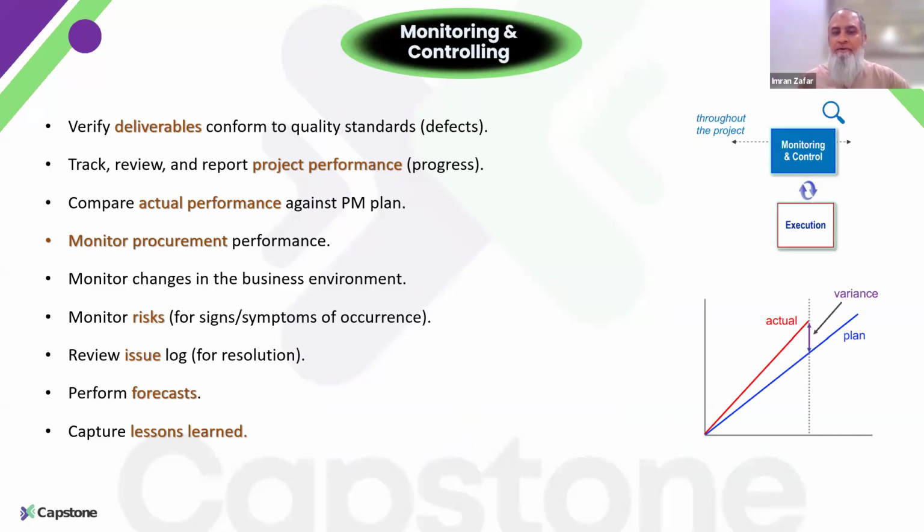So in monitoring and controlling, we continuously keep on monitoring how we are moving, how risks are being, how the risk related results are coming, how the issues are coming. Maybe we will be doing some forecast based on the plan versus actual that we are doing, and going along, a lot of lessons learned will be captured throughout the monitoring and controlling phase.